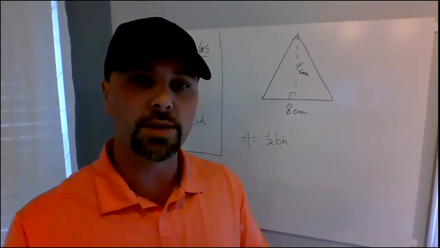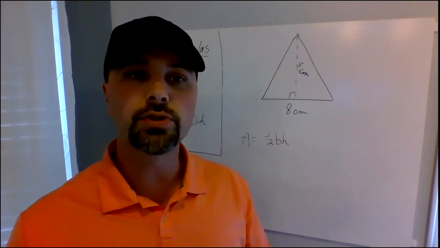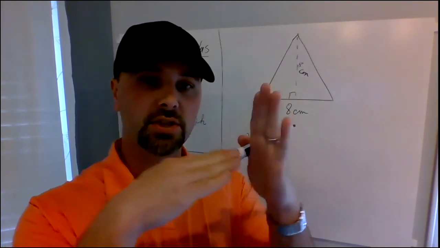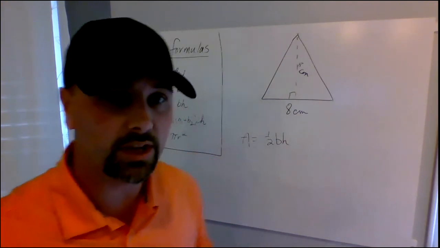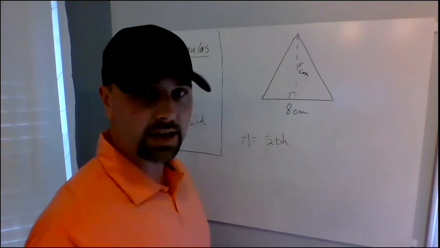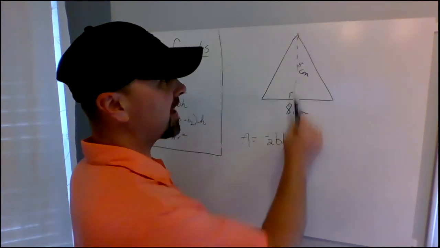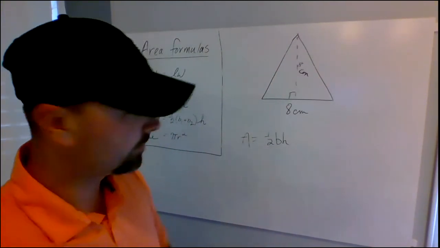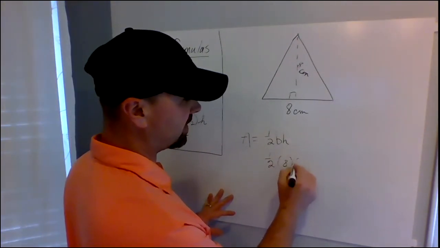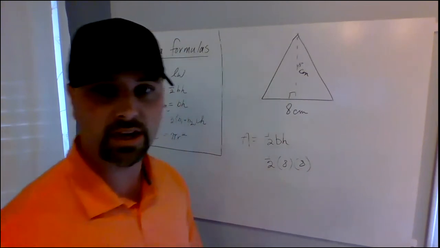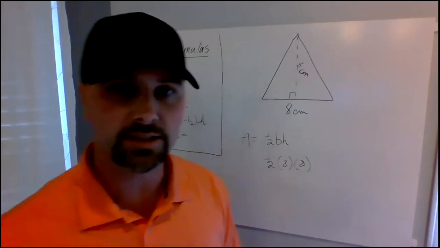Whenever your formula has base and height, those two dimensions must hit each other at 90 degrees. Okay, that's kind of your indicator whether that's your base and your height. So we can see the 90-degree angle. Base is 8, height is 8. So we're going to do 1/2 times the base of 8 times the height of 8.